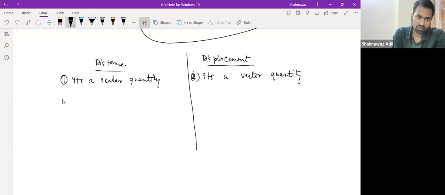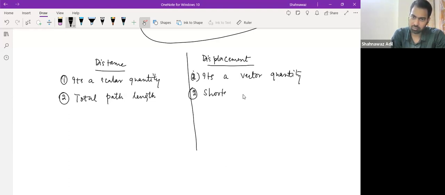The second difference is what? Distance is the total path length, and displacement is the shortest path, right? Third difference is what?